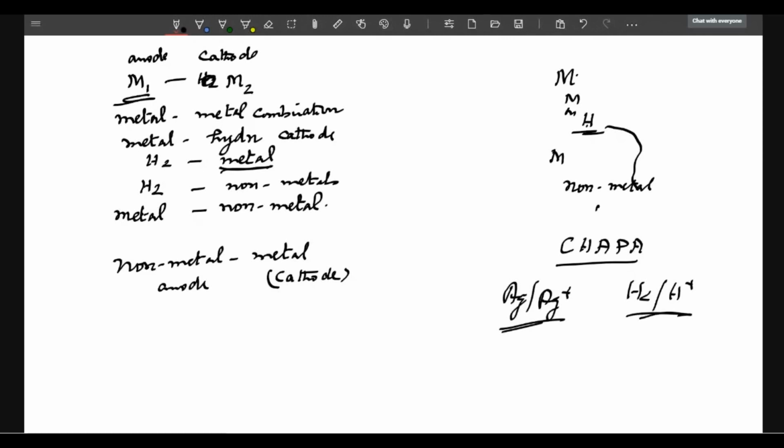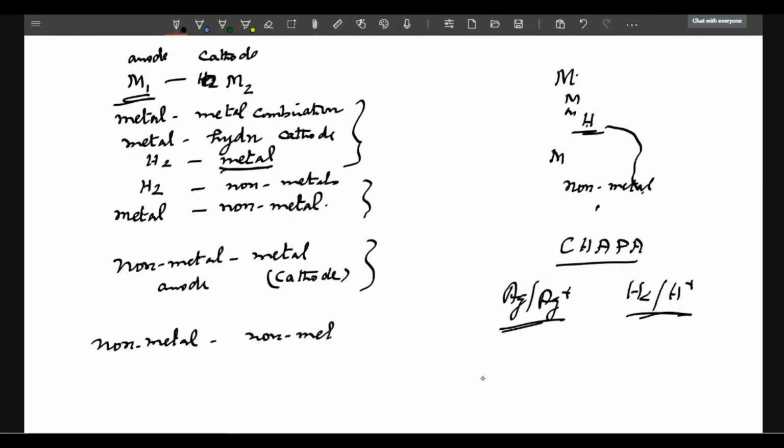Therefore, these are the possible combinations. How many combinations are there? 3, 2, and 1, and the last combination is the non-metal combination: non-metal as the anode and non-metal as the cathode.